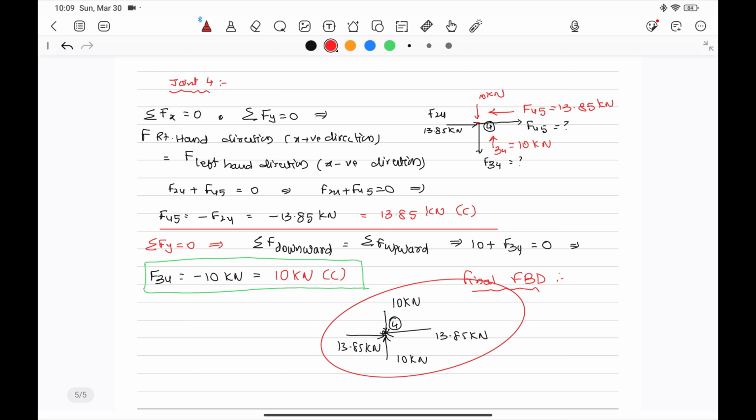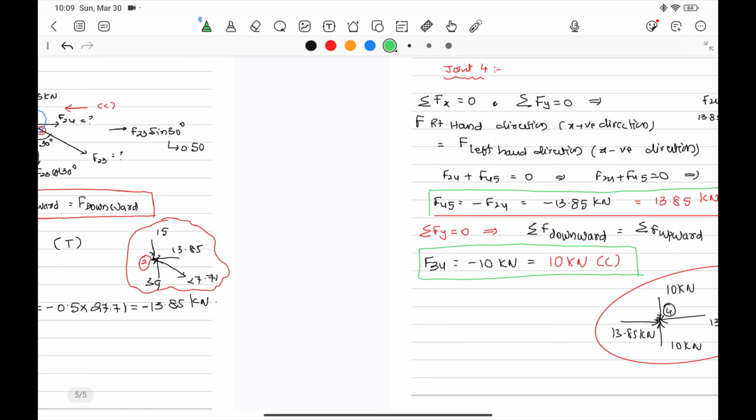There are many structures in which this type of understanding of the concept is going to help you. Now, this is also compression, F45, and F34 is also compression.